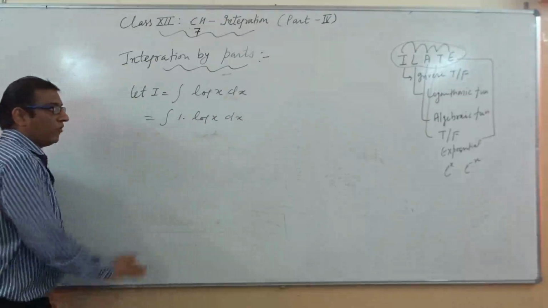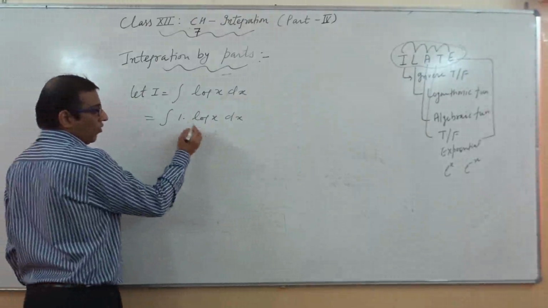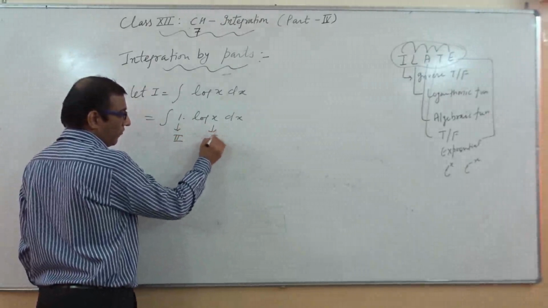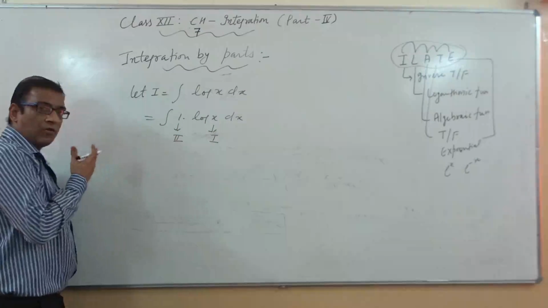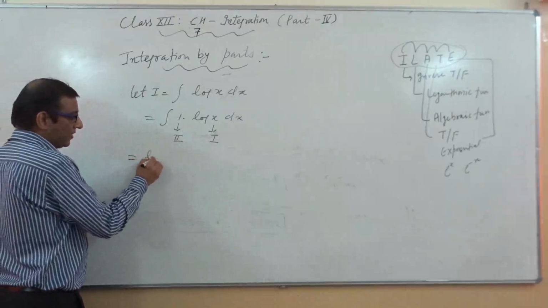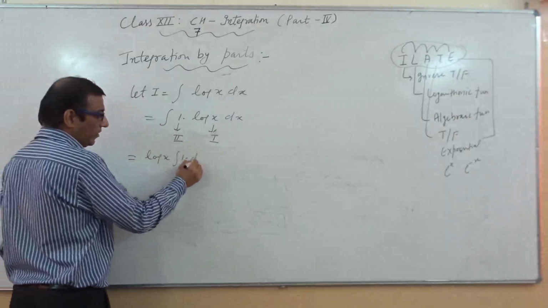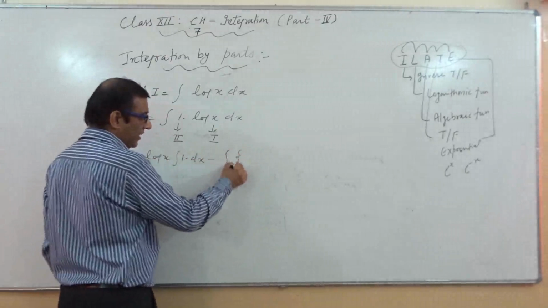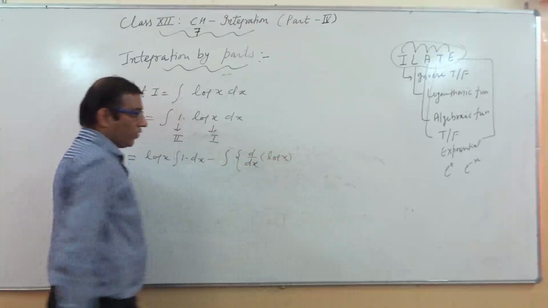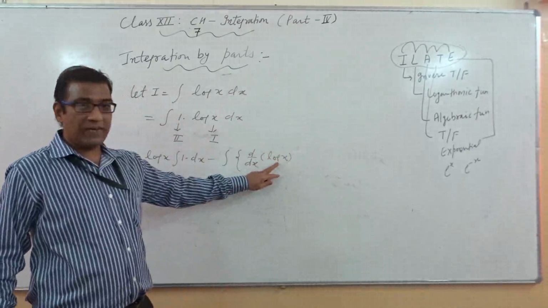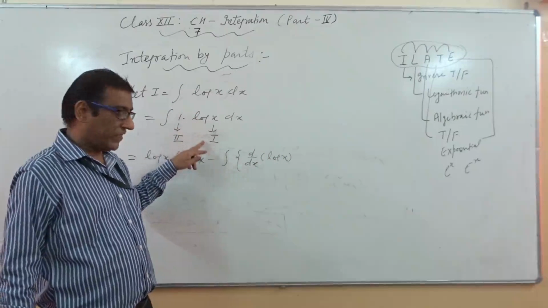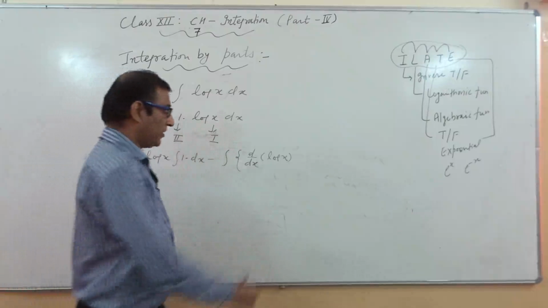We will always take 1 as the second function and log x as the first function. So we will go with the formula of integration by parts. It can be written as log x times the integral of 1 dx, minus the integration of d/dx of the first function. Because if we take d/dx of the second function, it becomes 0. That's why we always take log x as the first function and 1 as the second function.